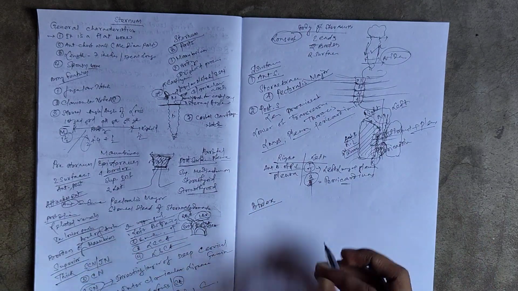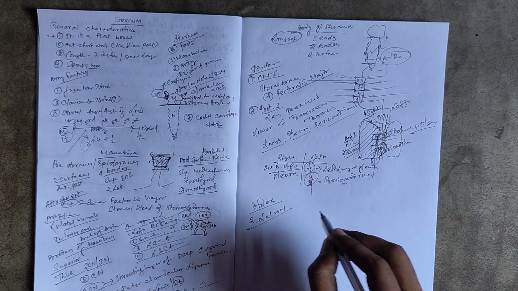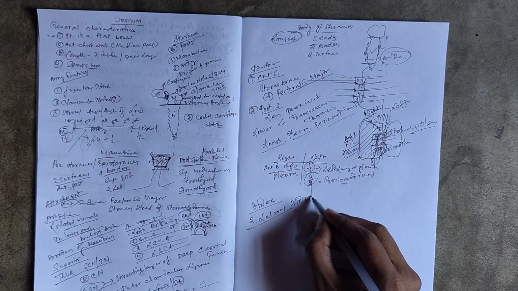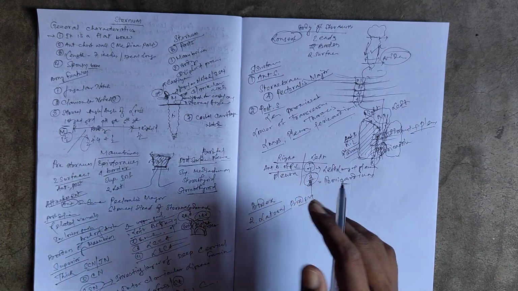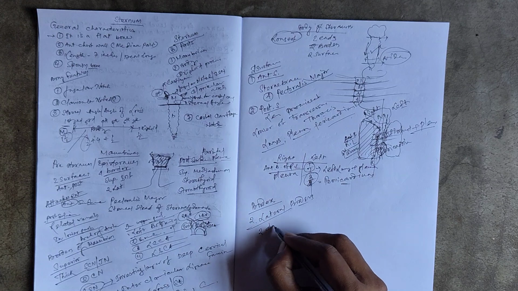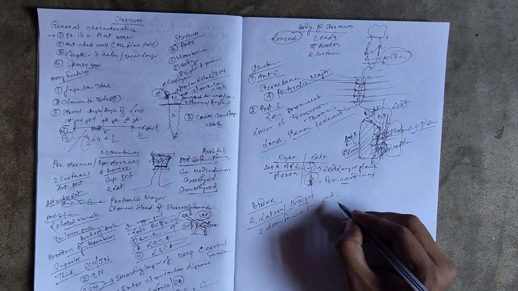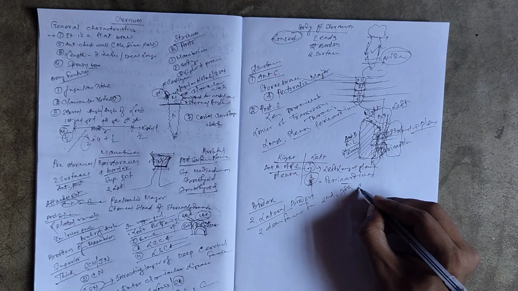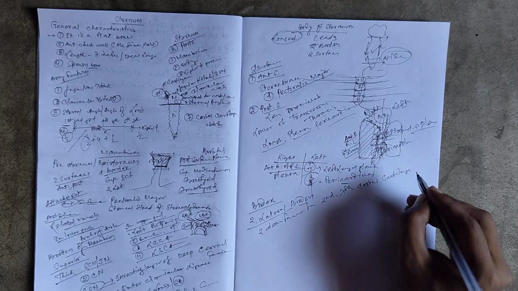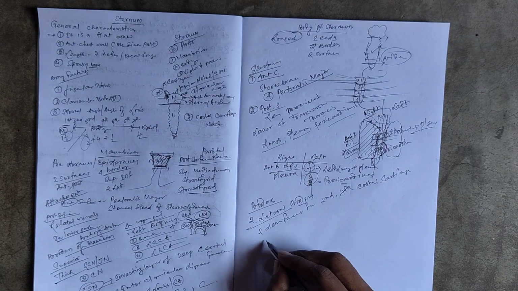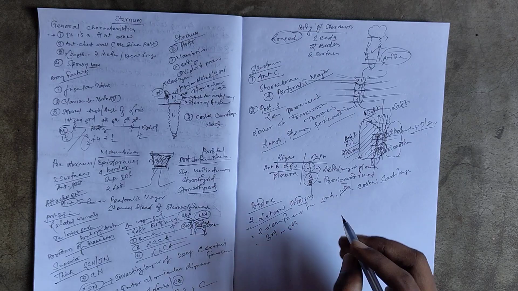There are two borders we have discussed. The borders are two lateral borders. So if we discuss one, that is enough. These lateral borders have two demifacets for the second and seventh costal cartilage, and complete facets for the third to sixth.